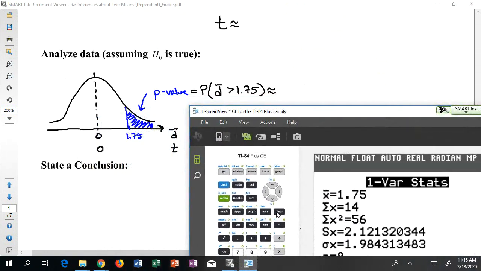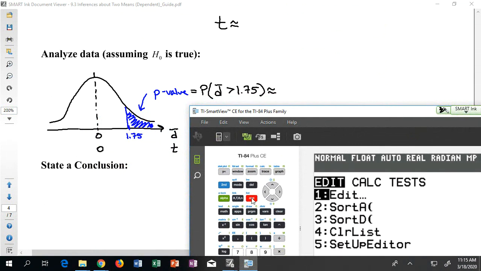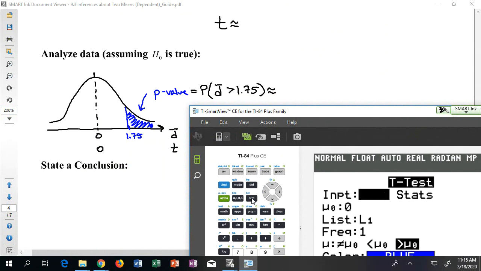Remember that the calculator test we're going to run is a t-test. And I'm going to say that I actually have data. This is the best part about running this test: once I have all of my differences in the calculator, I can just update this list to be whatever list had those differences in it. Notice I can't choose the list that has the before jumps or the after jumps.